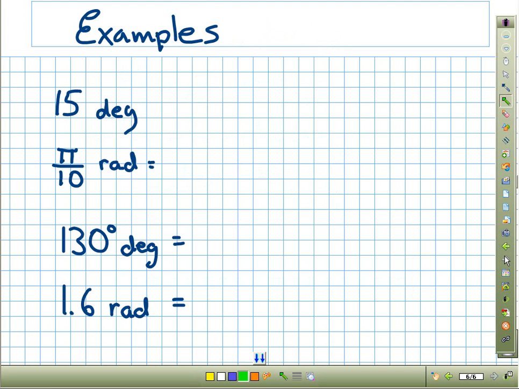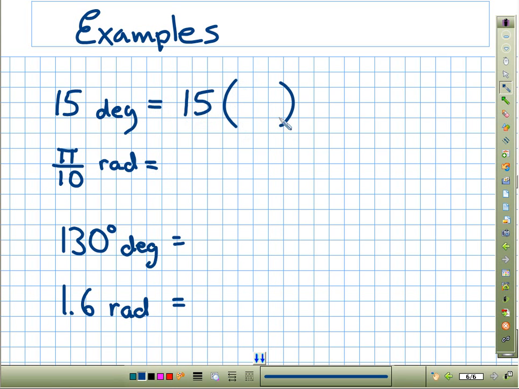Now let's look at just some various conversions. Let's suppose we want to convert 15 degrees to radians. Sometimes we'll be converting radians to degrees and sometimes degrees to radians. Well, all you do is take the 15, multiply it by pi over 180 radians.